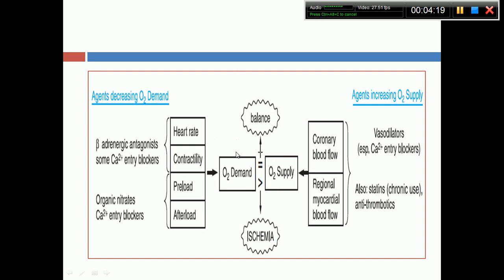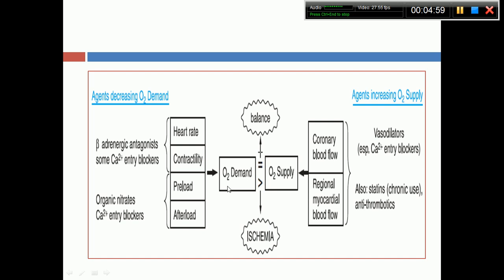All the drugs either decrease the oxygen demand by the myocardial tissue, or increase oxygen supply to the myocardial tissue, thereby correcting the balance. If the balance is corrected, then the goal is achieved. Angina will be relieved, not cured, remember.